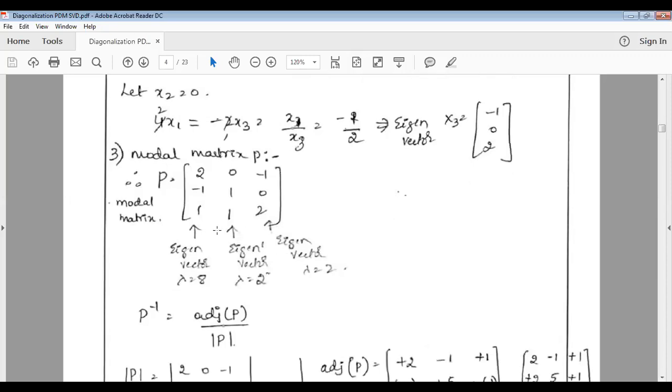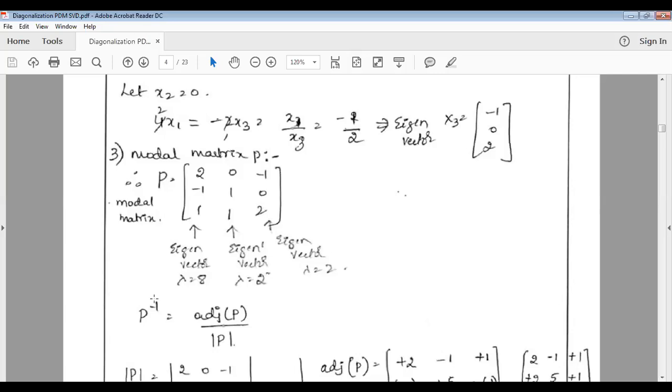Right? Okay. So if you remember, in the diagonalization, D is equal to P inverse AP. So A is already given to us. P we have found out. Now we need to find P inverse. Okay, so now you'll understand exactly why I showed you that previous problem of finding the adjoint of A through cofactors and then multiplying it with the inverse of the determinant, right?